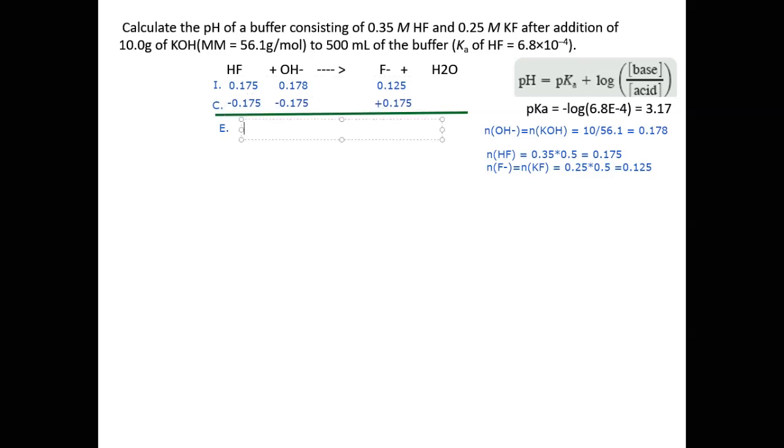So now we get 0 weak acid, 0.003 left of the strong base, and 0.3 moles of weak base.